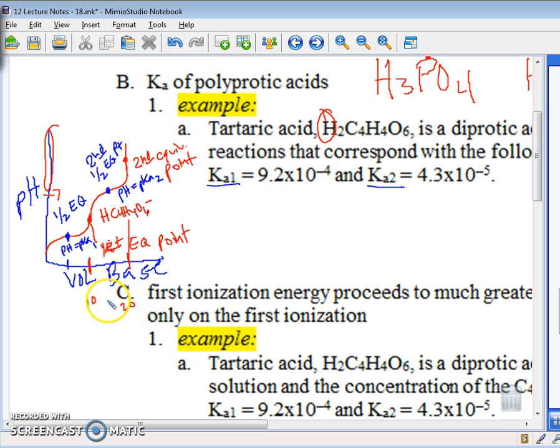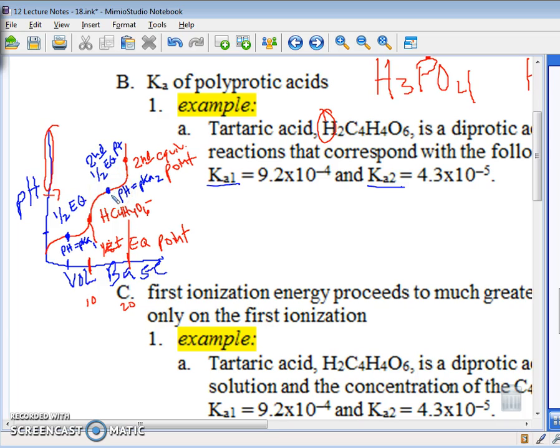See how that works? So if we can figure out the pH halfway through the first proton's titration, we can know what the Ka value is. If we can figure out the pH halfway through the second proton's titration, we can figure out what the Ka value is of that acid. Those are ways that we're going to do it.